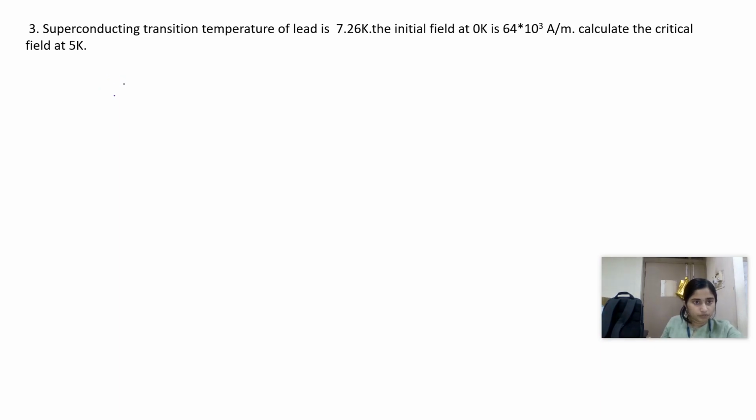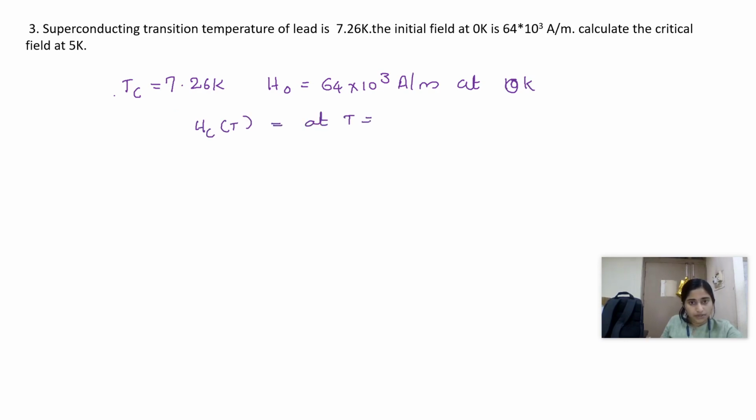So here also the Tc value is given, 7.26 Kelvin. Similarly, the H0 value is given, that is 64 times 10 to the power 3 ampere per meter, and it is at 0 Kelvin. Now you have to find Hc of T at T equal to 5 Kelvin.